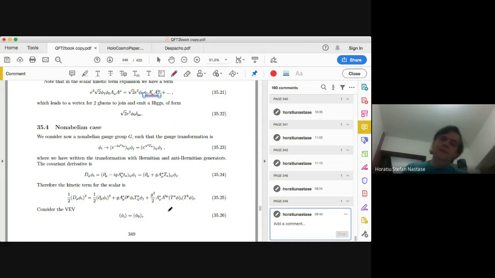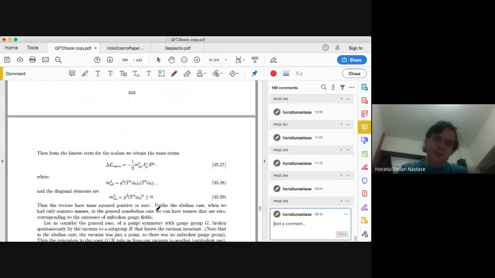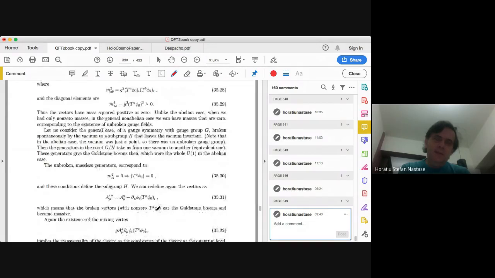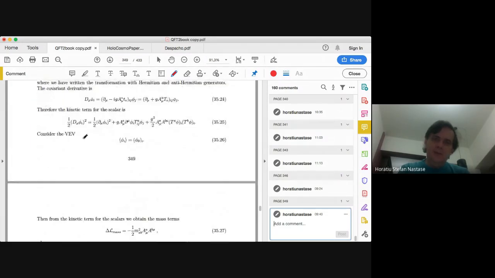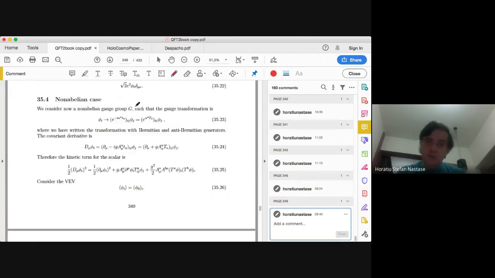And now let's consider the vacuum expectation value. I haven't told you what the field is, what the potential is, but let's assume there's a potential that is also invariant under this gauge group, and let's assume that it breaks the symmetry and has a vacuum expectation value, which is phi 0 with index i.